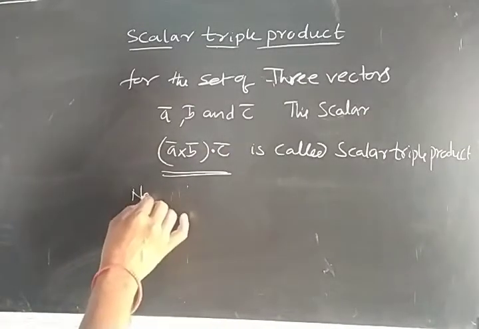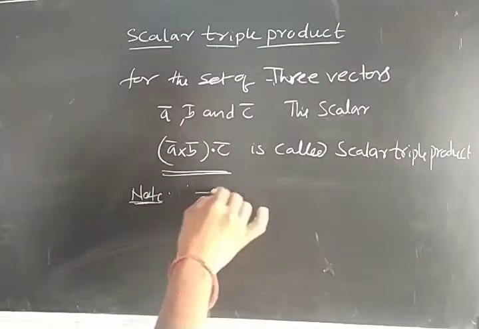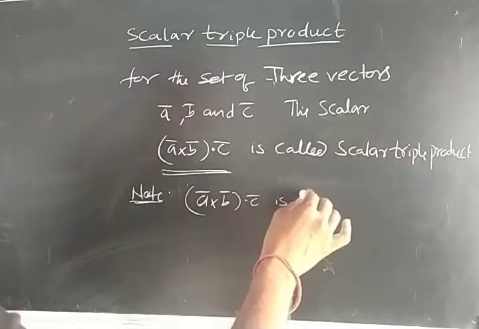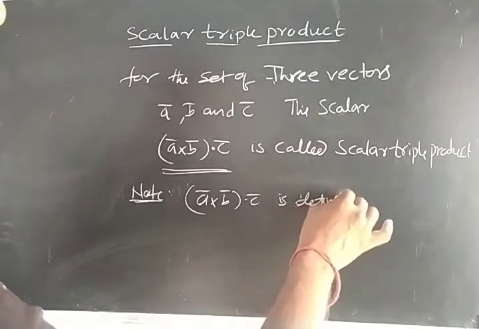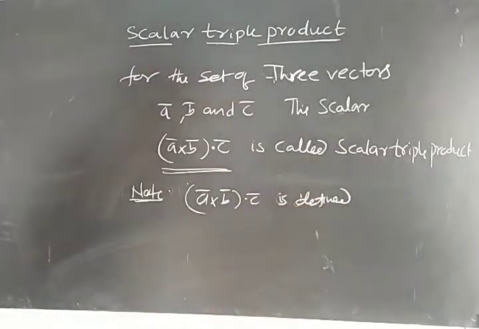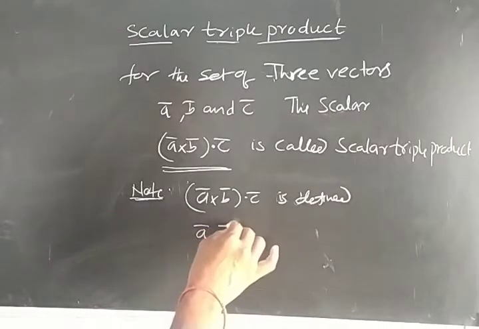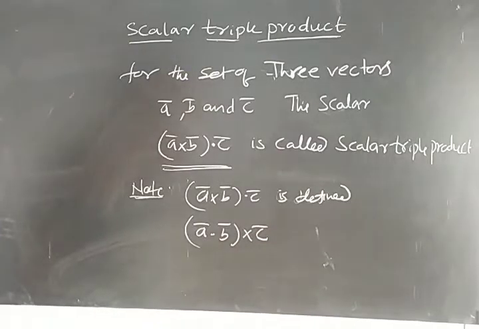And one more thing here, write a note. A cross B bar dot C bar is defined, that means we will get a value, the scalar. Suppose you have A dot B bar cross C bar, this is not a scalar triple product. Why?